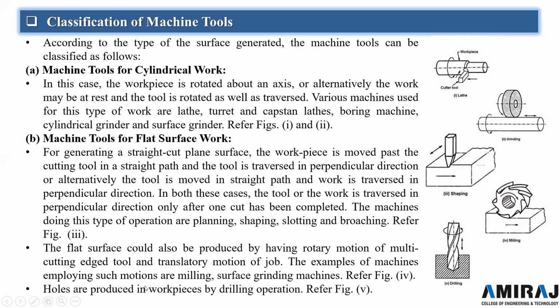Here you can read how a plane surface is generated: the workpiece is moved past the cutting tool in a straight path, and the tool is transferred in a perpendicular direction, or alternatively the tool is moved in a straight path and the workpiece is transferred in a perpendicular direction. In both cases, the tool or workpiece is transferred in the perpendicular direction only after one cut has completed. The machines doing this type of operation are planer, shaper, and slotter or broaching.